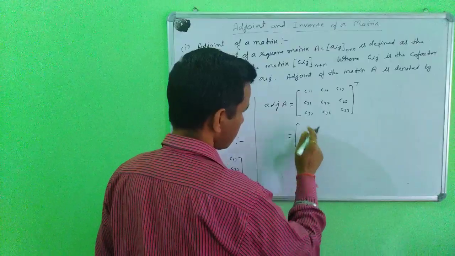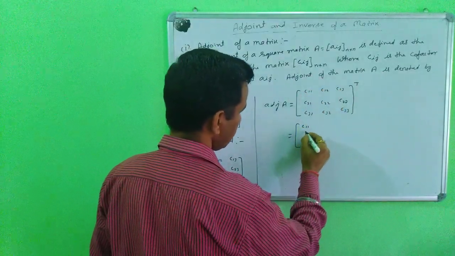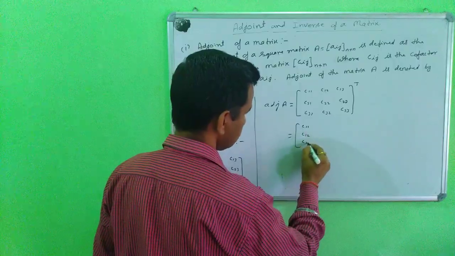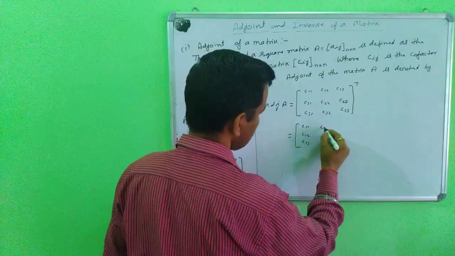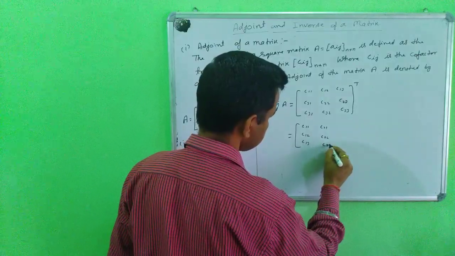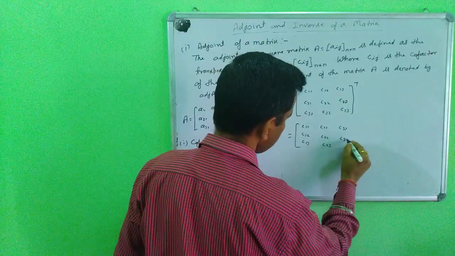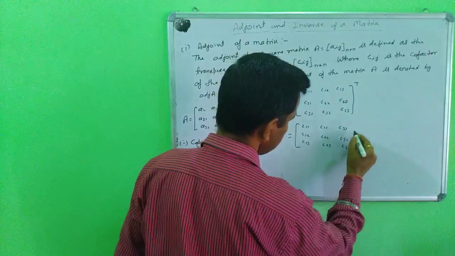So now in the transpose, this row converts into this column. So C11, C12, C13, then C21, C22 and C23, next C31, C32 and C33.